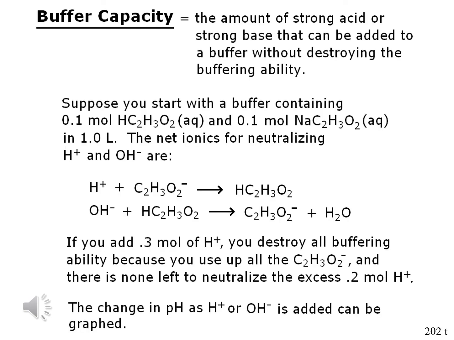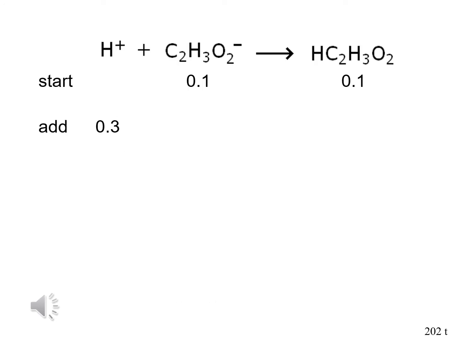Let's say that you started with the buffer we talked about, 0.1 mole of each. But then all of a sudden you added 0.3 mole of H plus. What's going to happen? If you add 0.3 mole of H plus, that's more than the amount of base there is to soak it up.